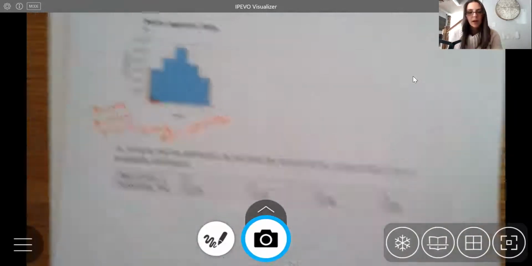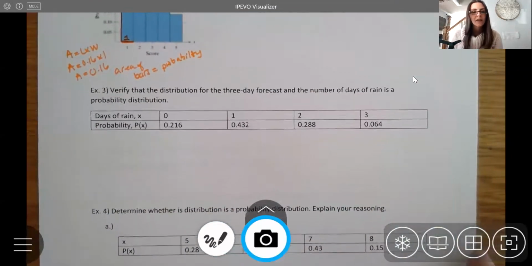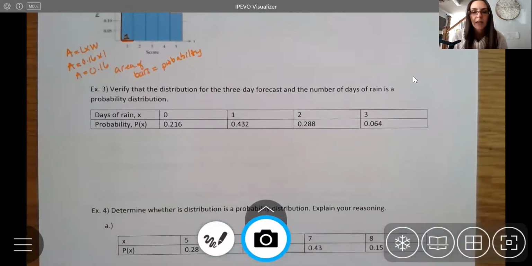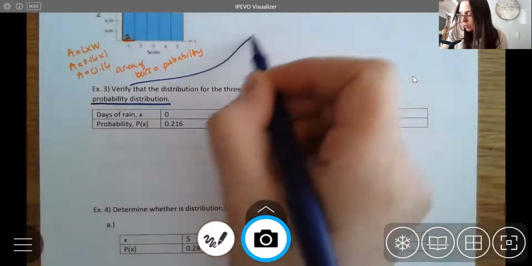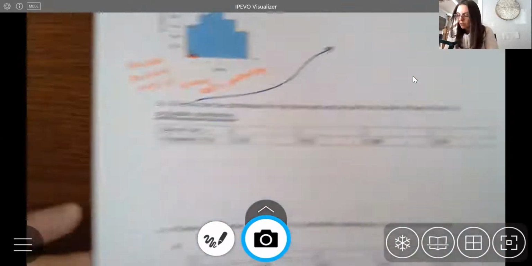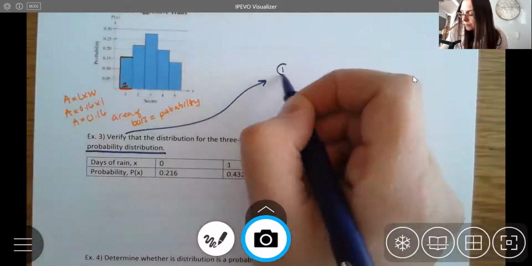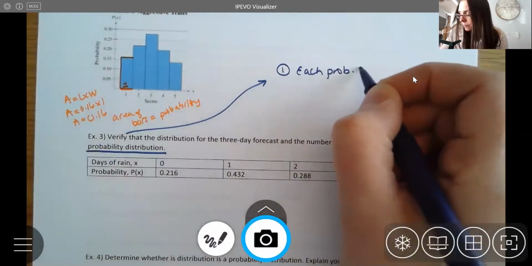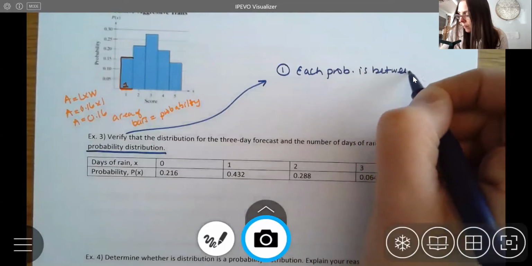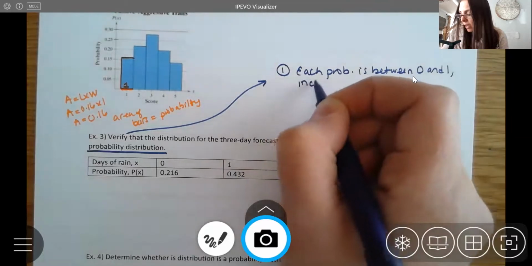All right, let's do a couple more examples here. We want to verify that the distribution for the 3-day forecast and the number of days it's going to rain is actually a probability distribution. To do that, and this was given on a previous page, you need to check, first of all, that each probability is between 0 and 1, inclusive, meaning that you can actually have 0 and 1.